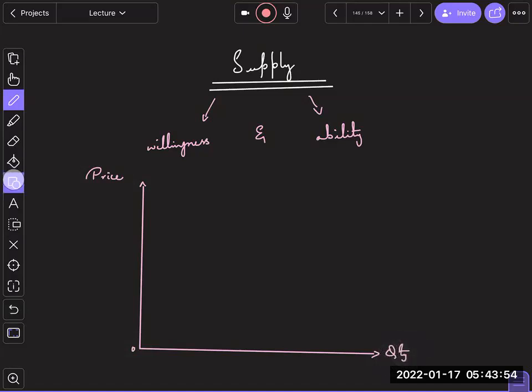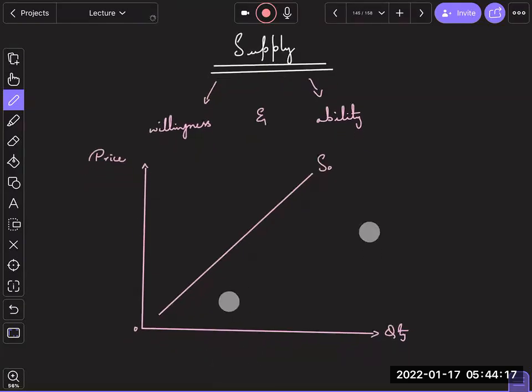Because whenever we talk about demand, we think from the perspective of the consumers, but here, whenever we are talking about supply or quantity supplied, we'll be taking the producers into account, or what the producers will be doing when there's a change in the price. What will be the reaction of the producer?